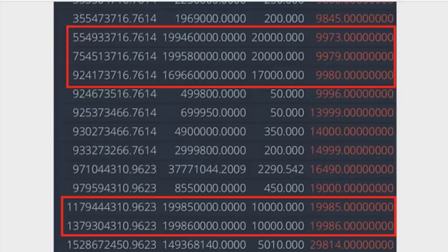That's what I call a sell wall, when it's like hundreds of millions. So the sell wall just below 10,000 is roughly 600 million, and the other one, roughly below 20k, is around 400 million.